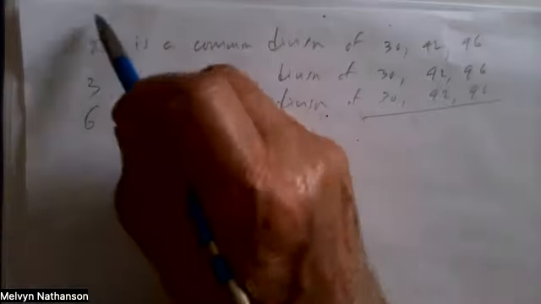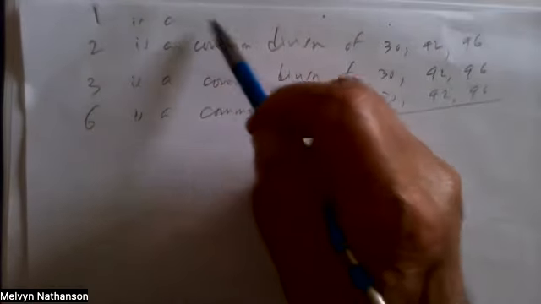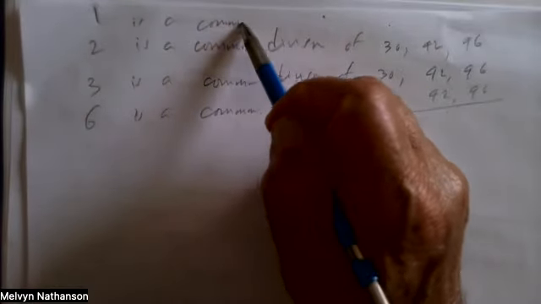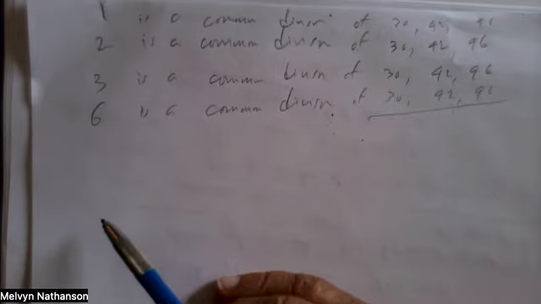I could say 1 is also a common divisor of 30, 42, and 96. 1 divides every integer. Right?